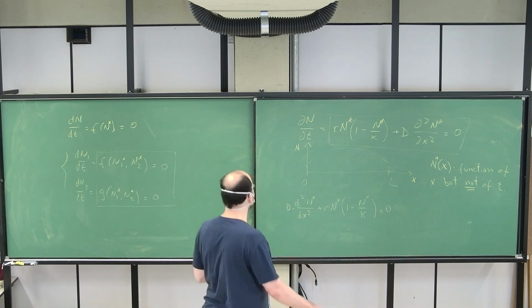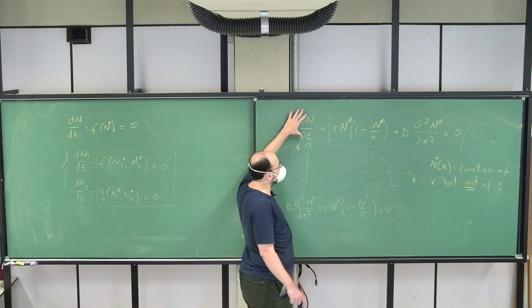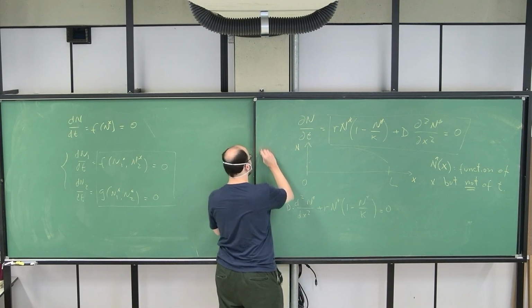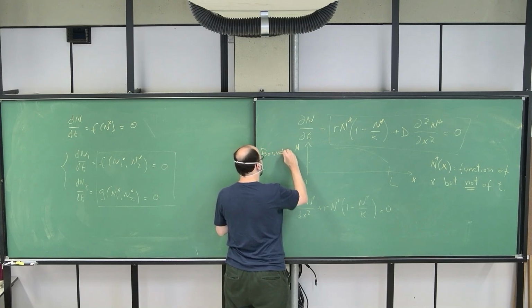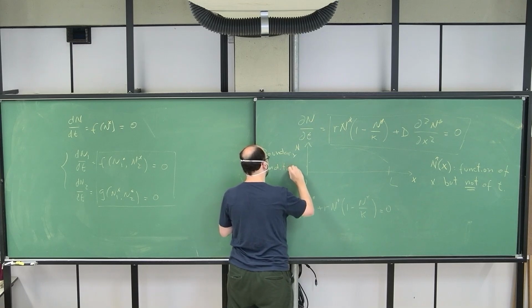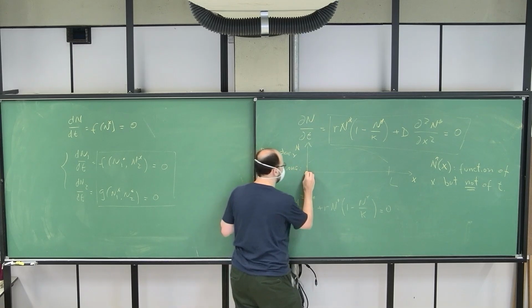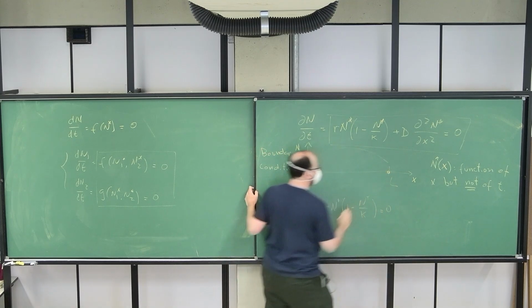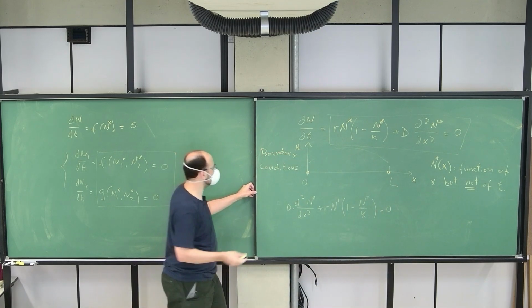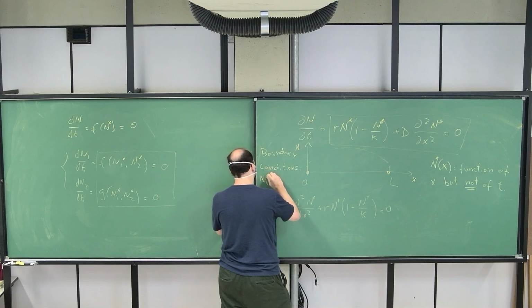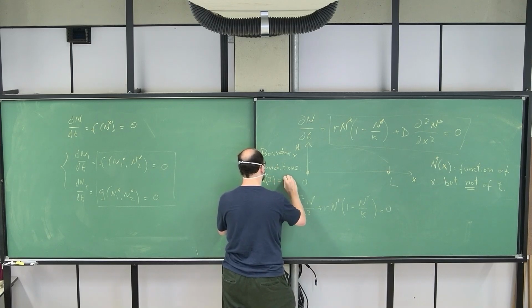Why? Because this equation came together with boundary conditions. Remember the boundary conditions? For instance, one of the boundary conditions we use is that we want to say what happens at 0 and at L. If I put both of them equal to 0, then n at 0 is 0, and n at L is also 0 for any time.